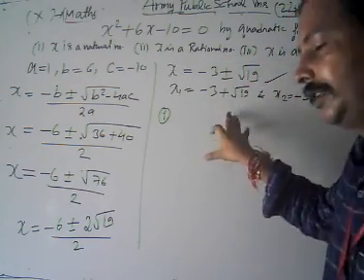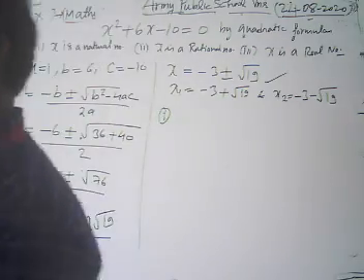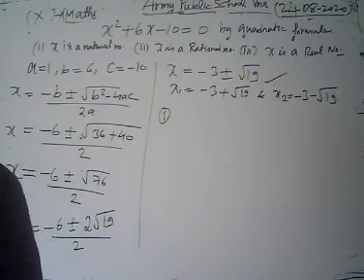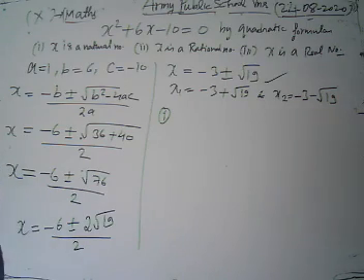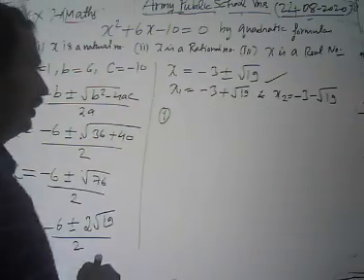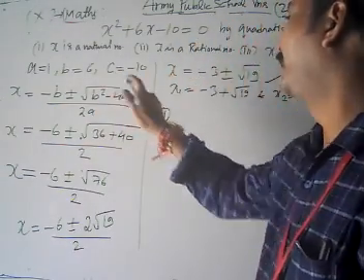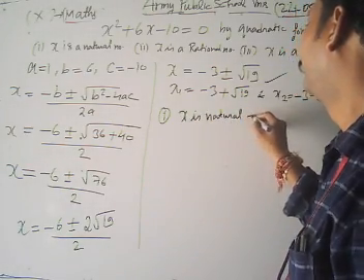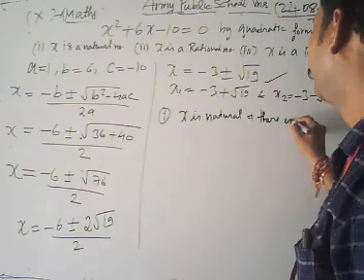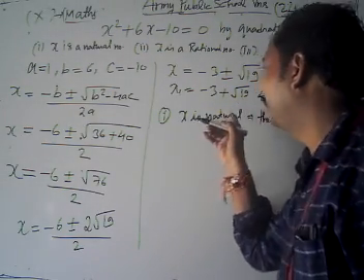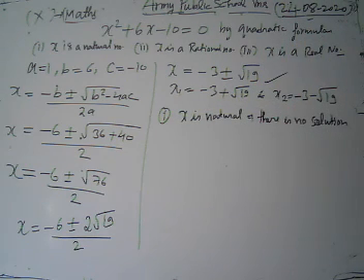So when x is a natural number, there is no solution, because neither root is a natural number. In the first part, there is no solution.